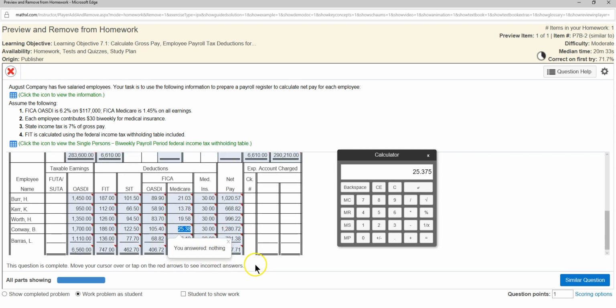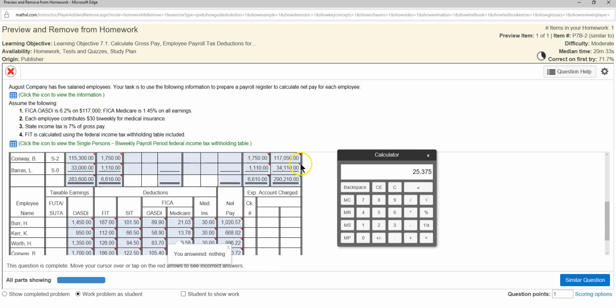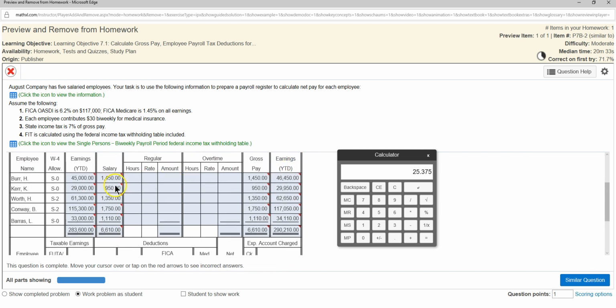So just remember, guys, that 100% of everyone's salary is subject to the Medicare at the rate of 1.45%, and that the OASDI part of FICA is taxed at 6.2% of the first $117,000.